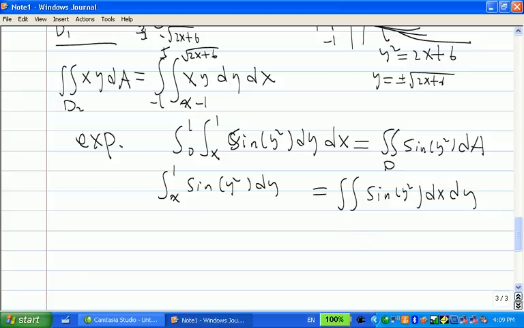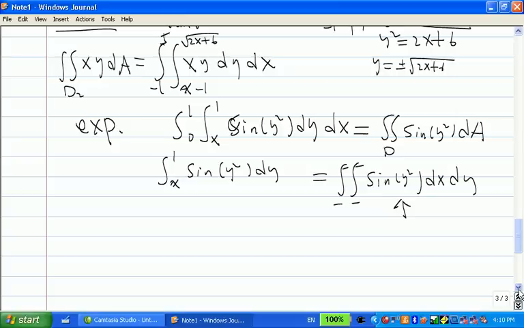We don't know what those four limits are. We just say this iterated integral can be written as some double integral, and this double integral can be written as another iterated integral. Hopefully, this one is easier to integrate, and then we solve the problem.